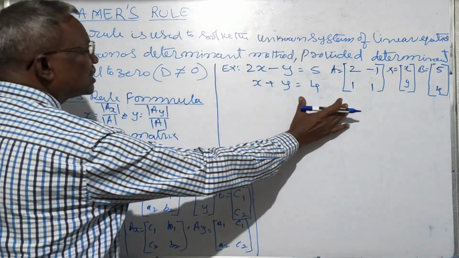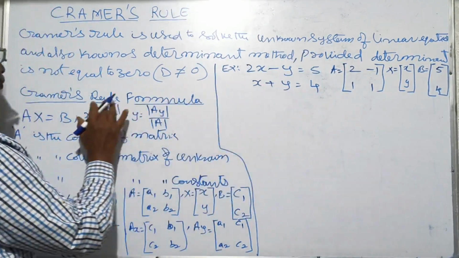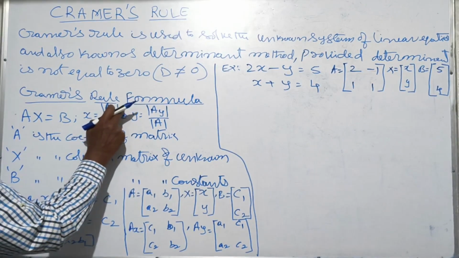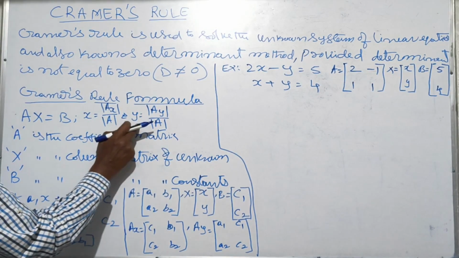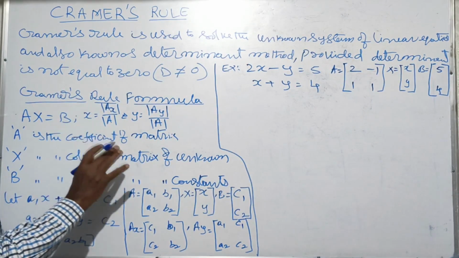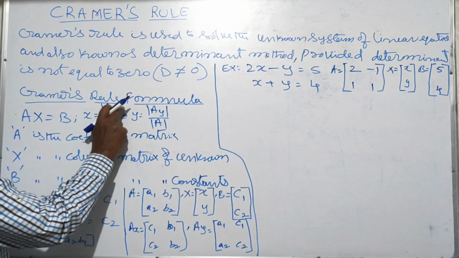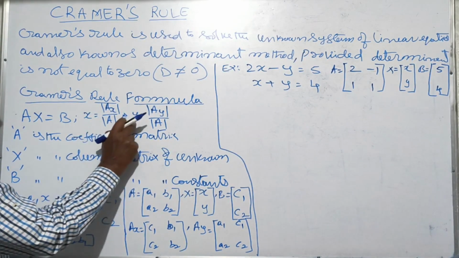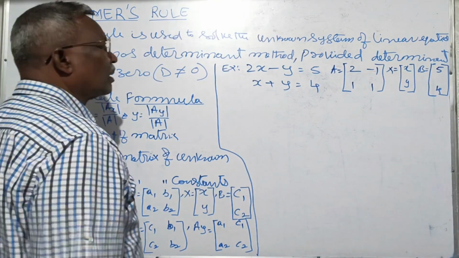To solve this with Cramer's rule formula, x is equal to determinant of AX by determinant of A and y is equal to determinant of AY by determinant of A. First you find the determinant of A, determinant of AX, determinant of AY. Automatically you can solve the x and y values.